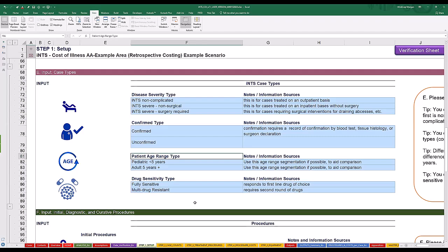Surgeon declaration, yes. Sure. I think this notes section can be updated. I suppose this is also from the previous CETA study partly, but this can be modified following our INTS protocol.